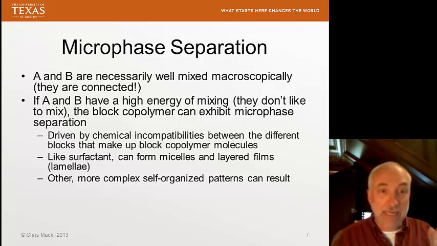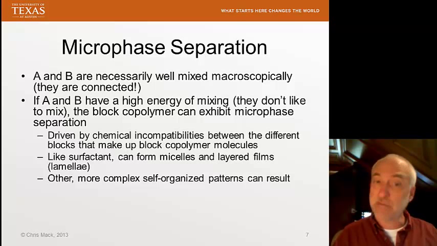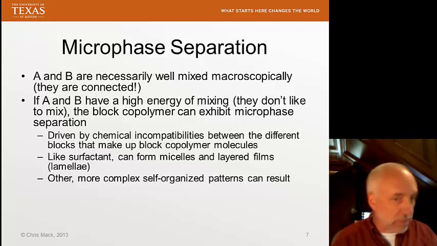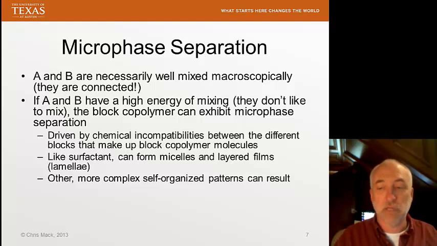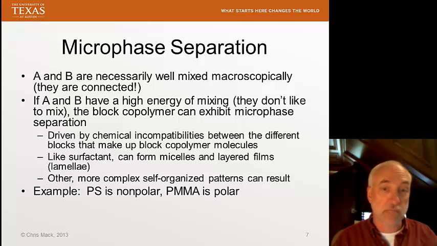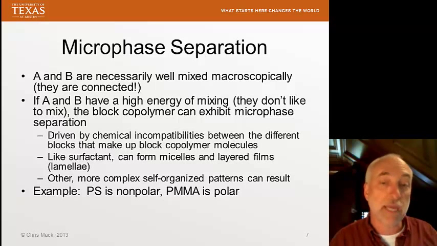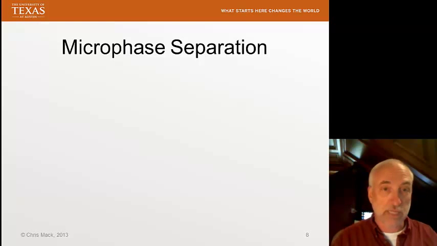Right? The fact that an A next to a B is higher energy than an A next to an A. Kind of like a surfactant. They can form micelles, they can form layer films like the bubbles that we saw, but also more complex patterns can result as well. And we'll look at some of those complex patterns. Our example, polystyrene is nonpolar, polymethyl methacrylate, PMMA, is polar, and so they don't like each other.